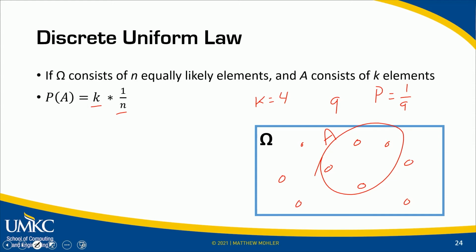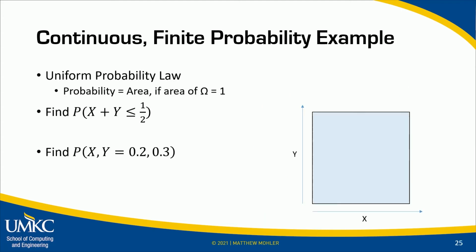So this is, again, the discrete uniform law, which basically says that if all elements are equally likely outcomes, then I can just multiply the number of elements within that event by the probability, which is just 1 over the total number of elements. So this section wouldn't be complete without looking at a continuous probability example.